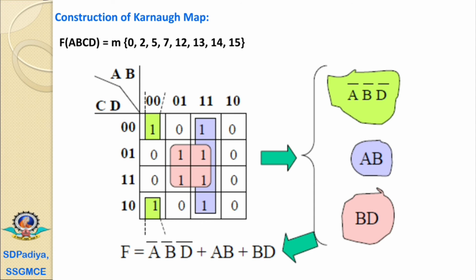Therefore out of this AB, the A is eliminated and the remaining is B, and out of this CD it is 0 1 and 1 1. Therefore C is eliminated and the remaining is D. Therefore finally we have the expression BD. The final expression for the function is A dash B dash D dash plus A B plus BD.